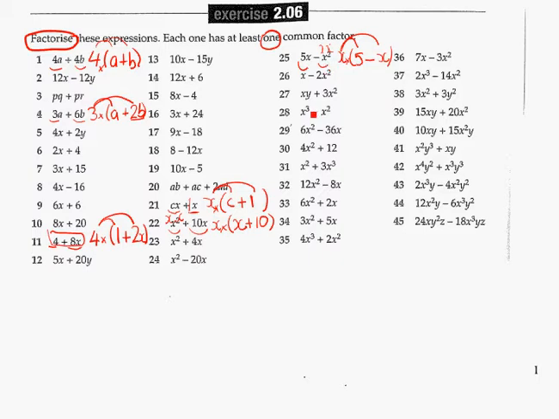Now one that might be a little bit tricky is one like number 28. So if we have a look at 28 down here, it says x cubed plus x squared. Remember this here is x times x times x, and this one is x times x. So if we ask ourselves what they both have in common, I can see that actually this has an x squared term in it, and this has an x squared term in it as well. So at the front, the greatest common factor is actually x squared.